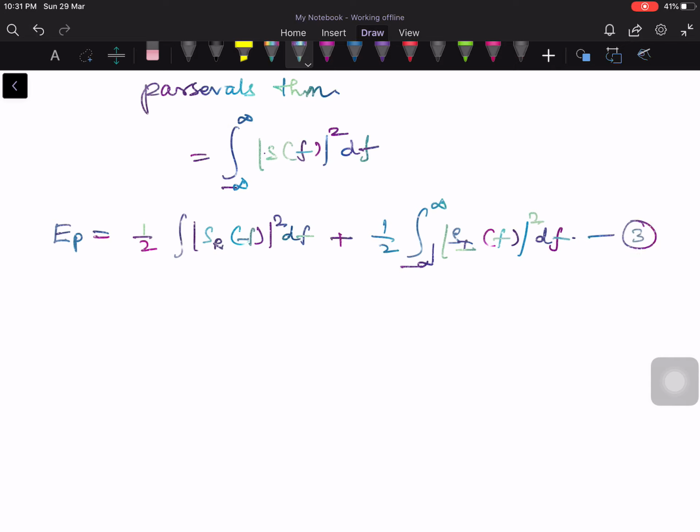So equation 3 can be very easily proved. It is a very simple and straightforward exercise in which we express S of f in terms of S_R of f and S_I of f.